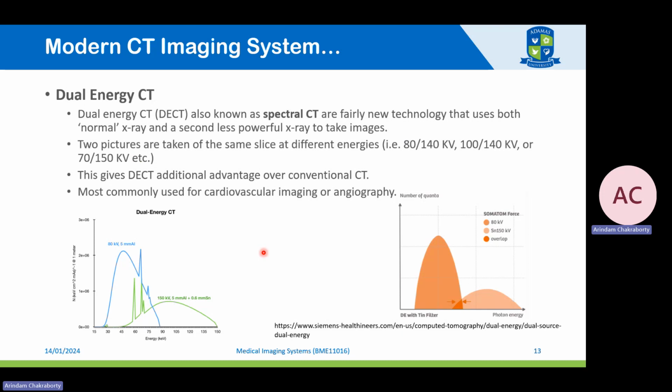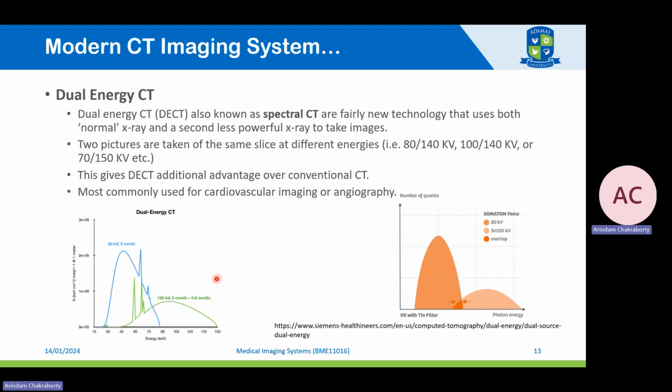So dual energy CT, DECT, sometimes known as spectral CT, is a fairly new technology, and recently it has been approved by the FDA in the United States for clinical applications. So they use both a normal X-ray along with a less powerful X-ray to take images.